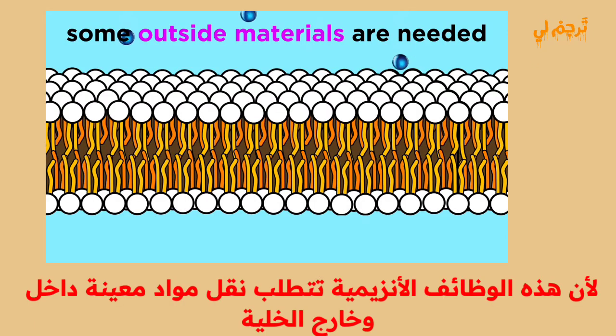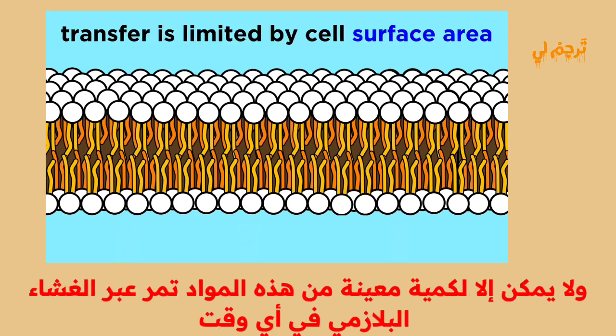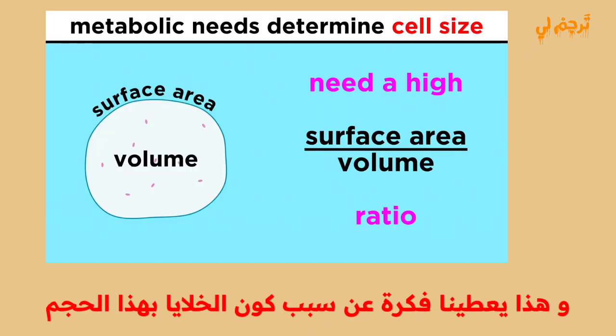Since these enzymatic functions require that certain substances be transferred into and out of the cell, and only a certain amount of these materials can pass through the plasma membrane at any given time, this gives us a clue as to why cells are the size that they are.